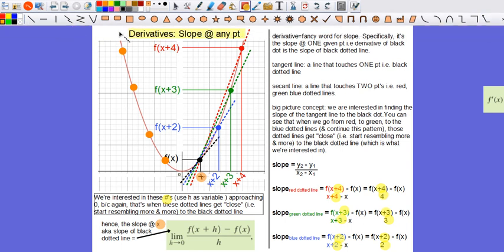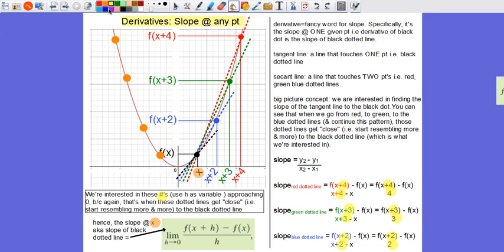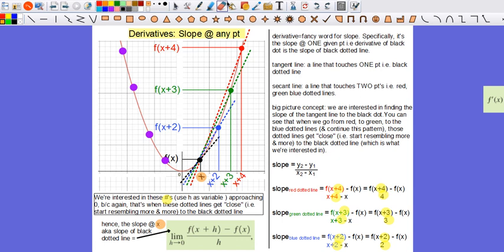So here is a line that touches the orange dot. Let me do a different color here. I'm going to make all these purple, and let's make the line also purple.